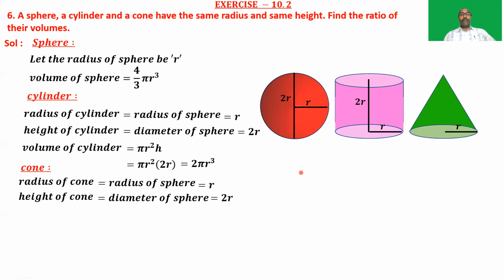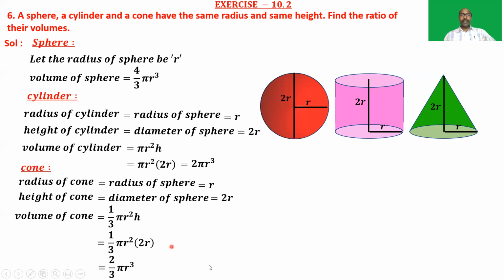Now the volume of the cone is 1 by 3 pi r square h. Substituting r is equal to r and h is equal to 2r, we get 1 by 3 into pi r square into 2r, that is 2 by 3 pi r cube. So now we get the volumes of all these three figures.